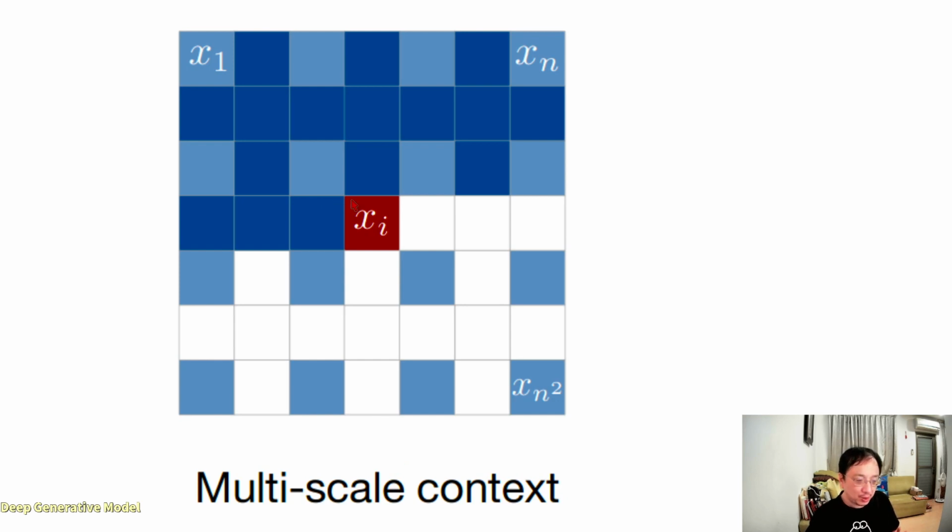Because this is an image, one thing to consider is that the image is usually very, very big, and usually there are some very long-distance connections between the pixels.